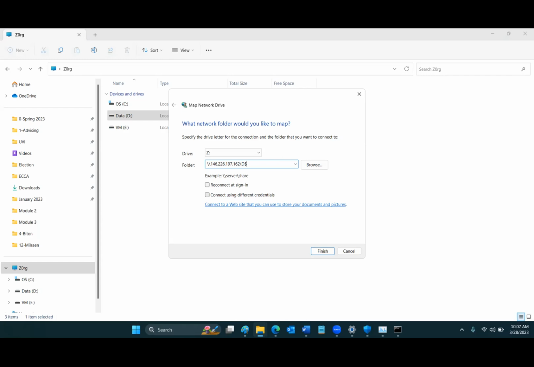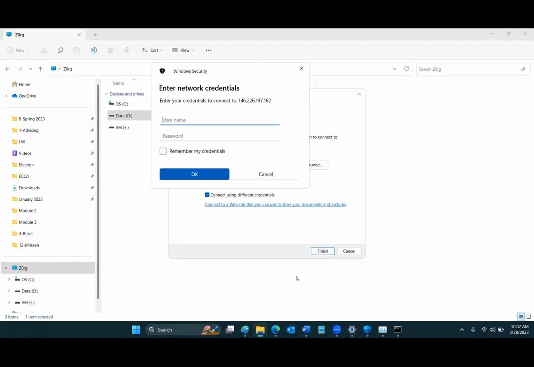The D drive. Let's pretend that because I have elevated privileges, I am capable of connecting with domain administrative privileges, or worse, enterprise admin privileges, or just local admin privileges. I want to make sure I put in my password, because I have a rogue account. I know the password. I click finish.